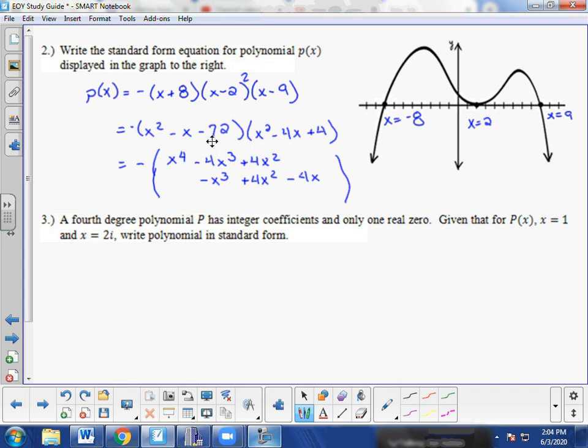Distribute the negative 72. So negative 72 times x squared is negative 72x squared. Again, I'm going to line up my like terms there. Then a negative 72 times a negative 4x would be positive 288x.